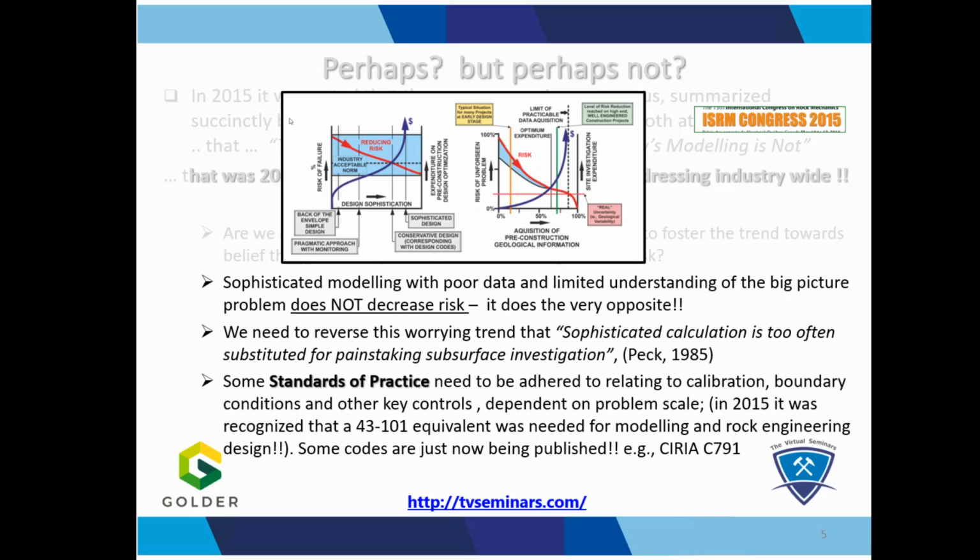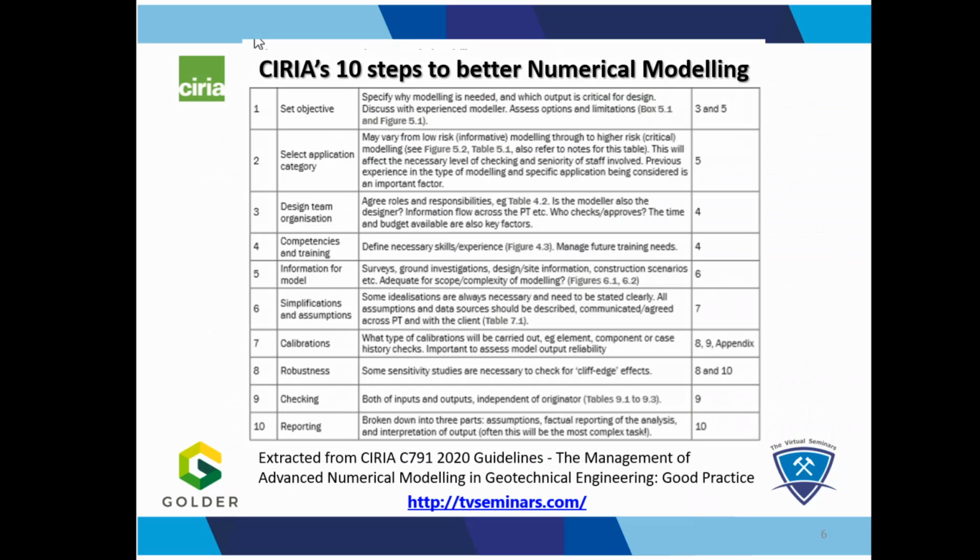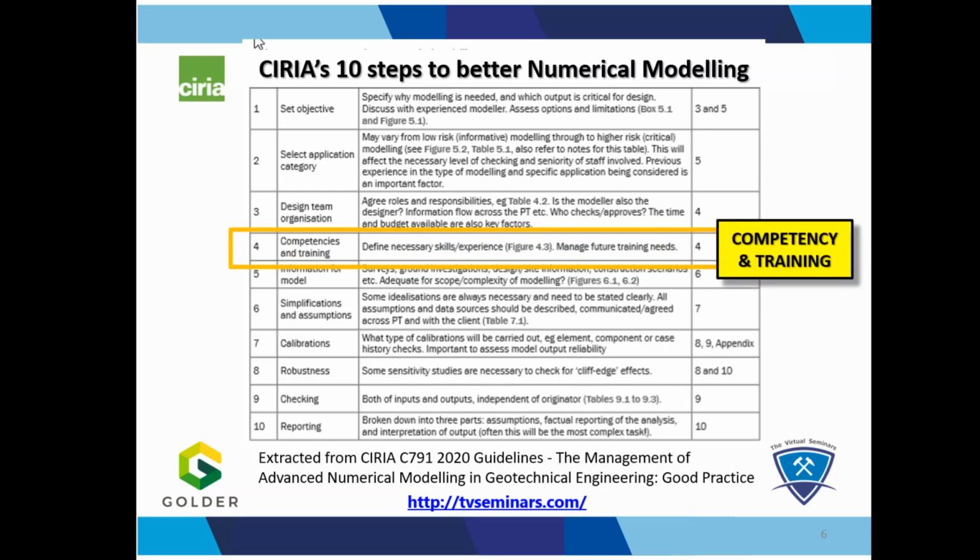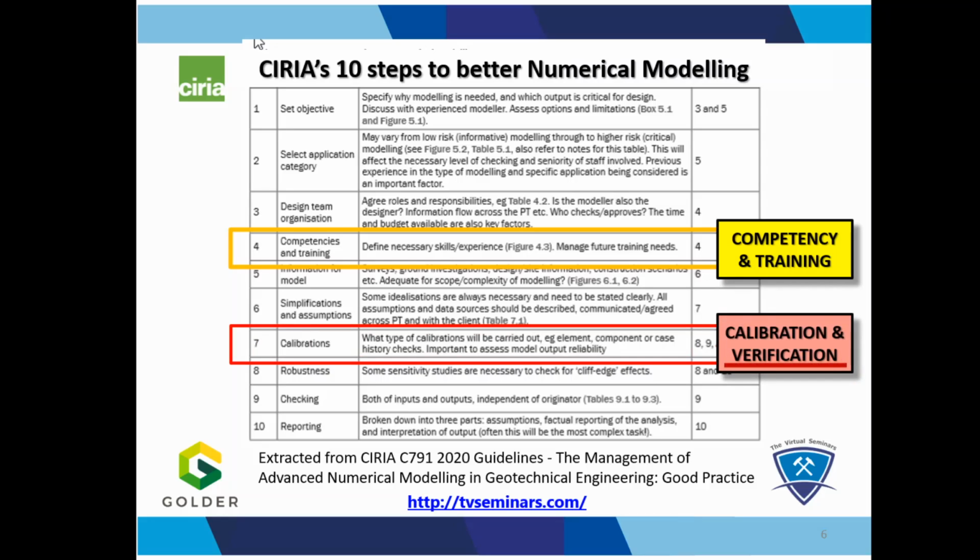One of the first is Code C791 from the Construction Industry Research and Information Association, CIRIA, in the UK. The CIRIA guide sets out 10 steps to achieve better numerical modeling. Today, we're only going to concentrate on two of these: competency and what I'll call verification, which in our modeling is in many ways much more important than simple calibration.